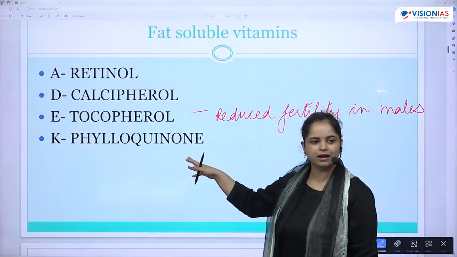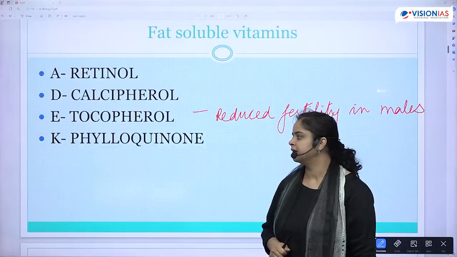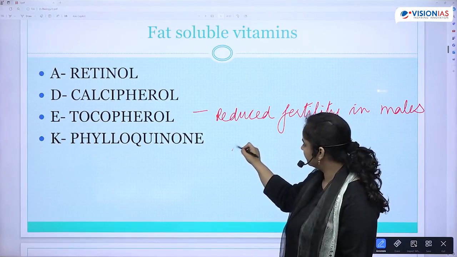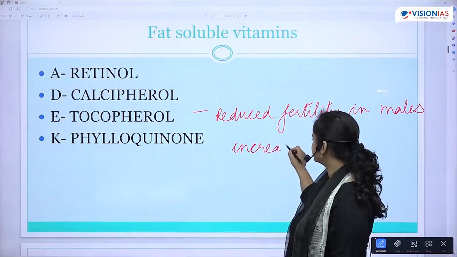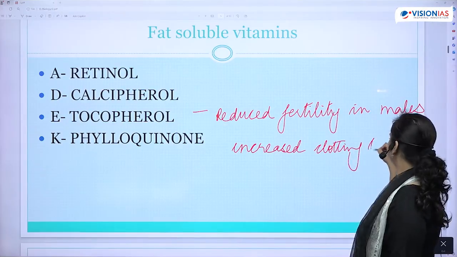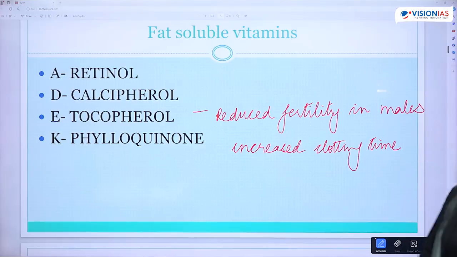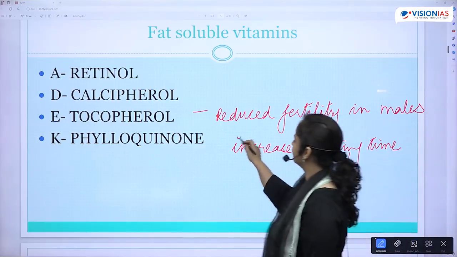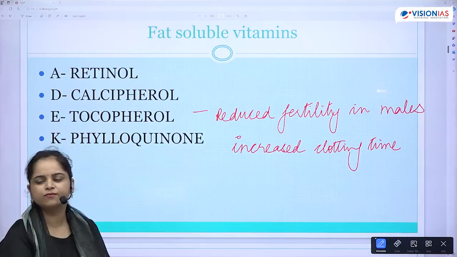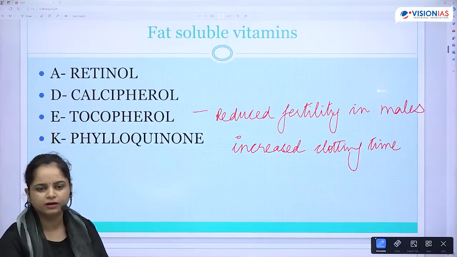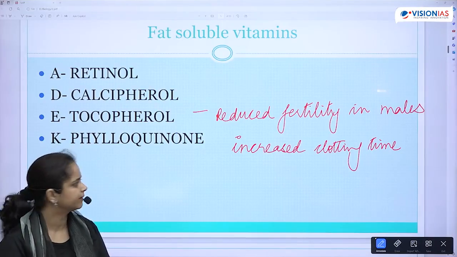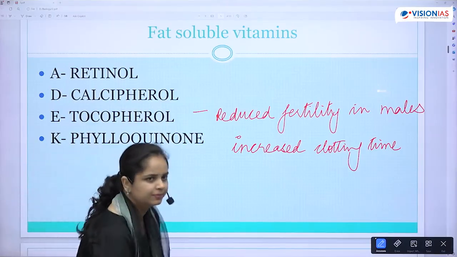That is going to happen through a clot formation, and phylloquinone helps in that. If it is deficient, there is going to be increased clotting time, increased time for the clot to form. What will happen if there is more time for the clot to form? More blood loss, right? The more time it takes, the more blood is going to be lost in that time period. Okay, so that's the role of vitamin K.